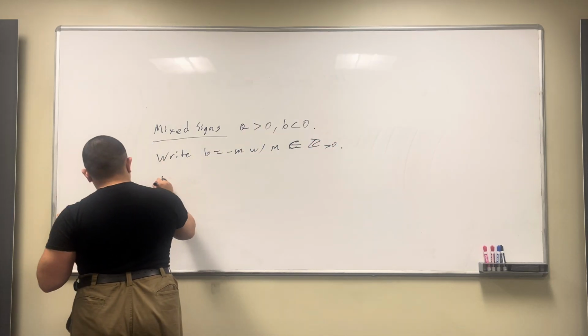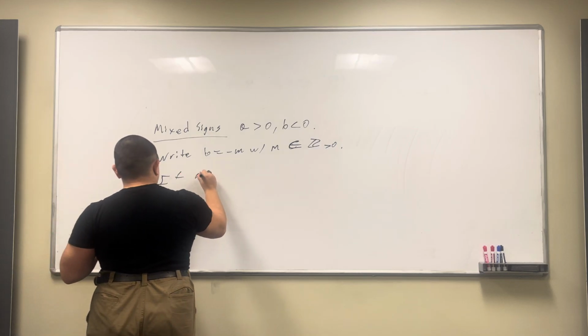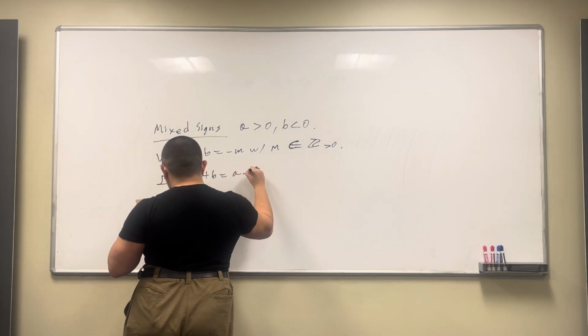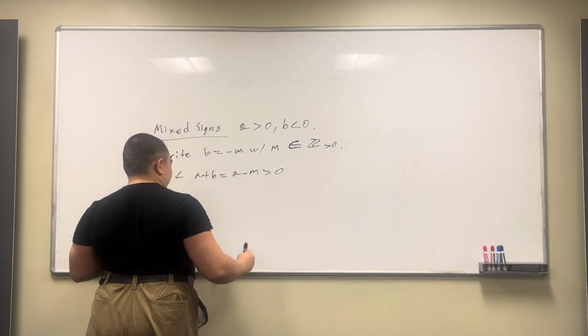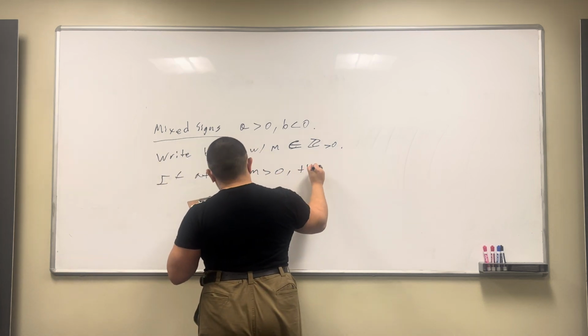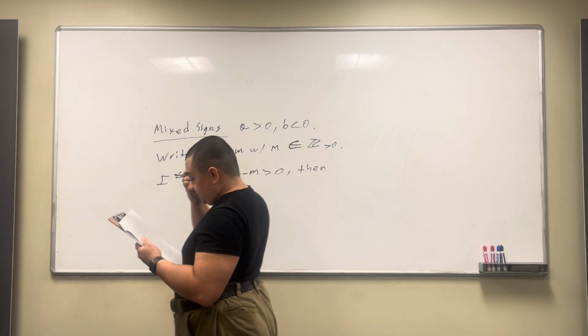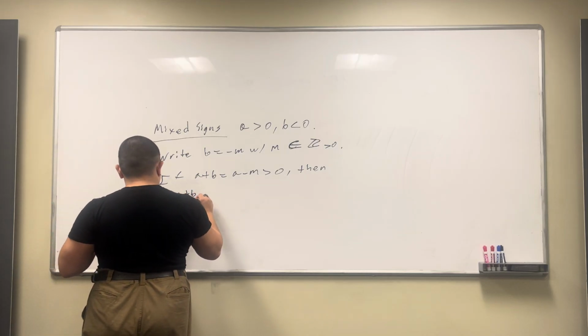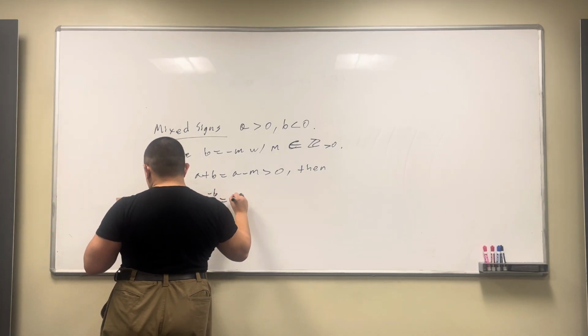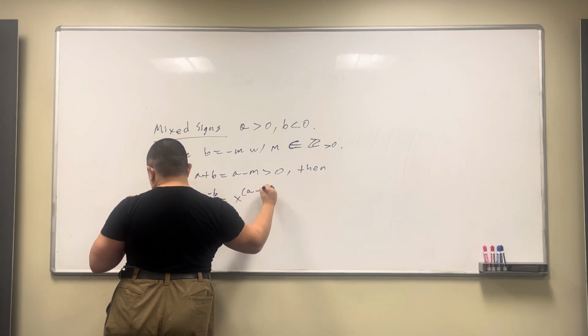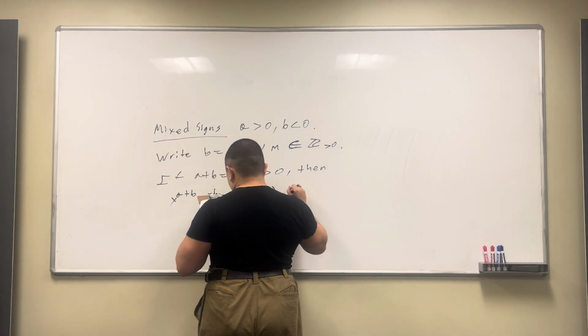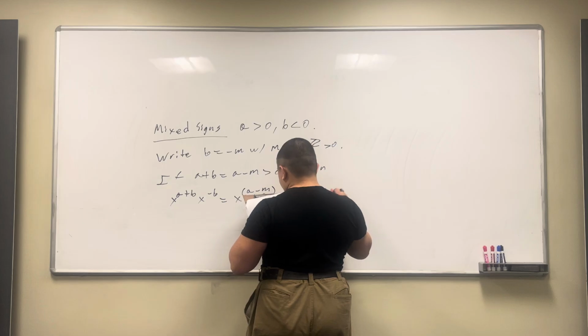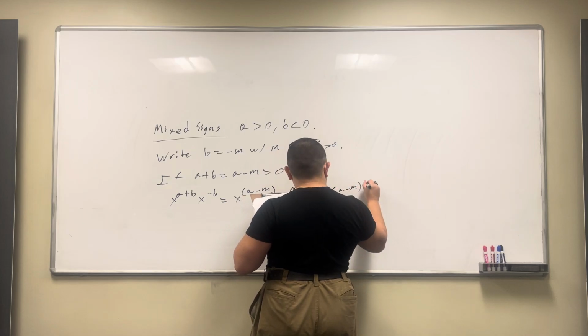If a plus b is equal to a minus m, which is greater than 0, then x to the power of a plus b times x to the minus b is equal to x to the power of a minus m times x to the m, which is equal to x to the power of (a minus m) plus m.